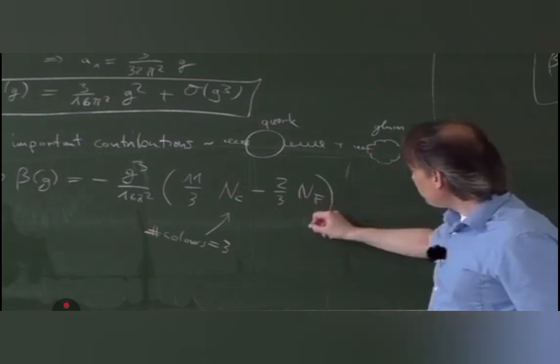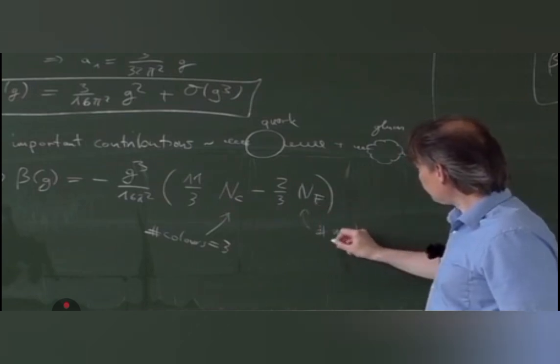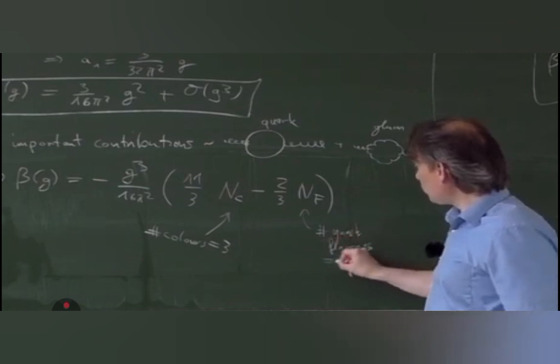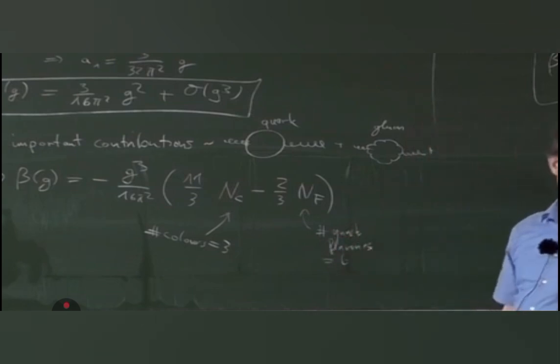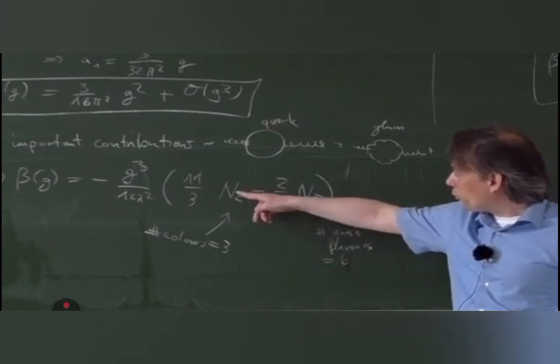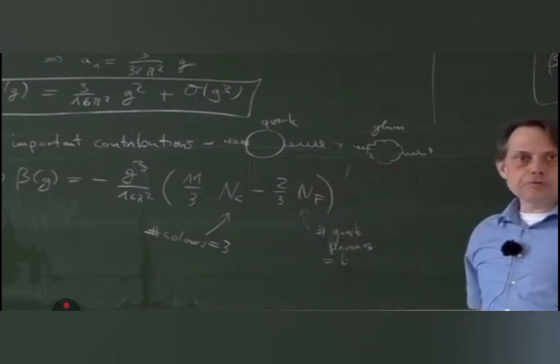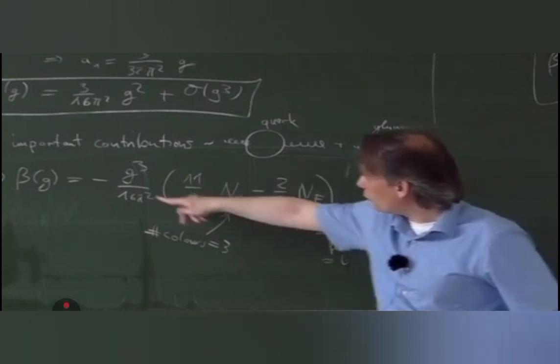And here this is the number of quark flavors. And in the real world this is 6, from the up quark to the top quark. And then in the real world you indeed have 11 minus 4, which gives something positive in the bracket and overall something negative.